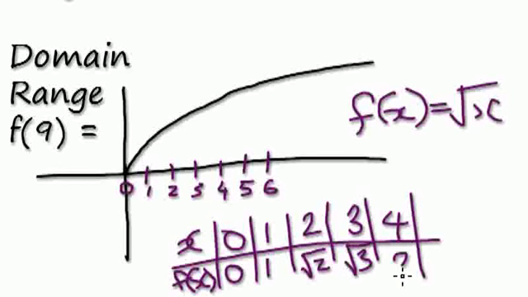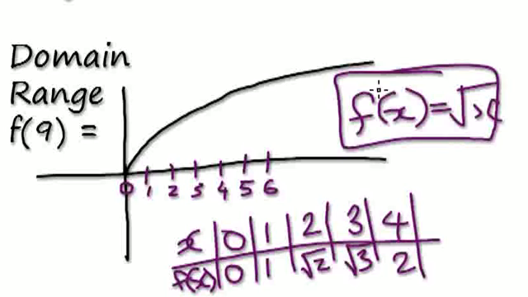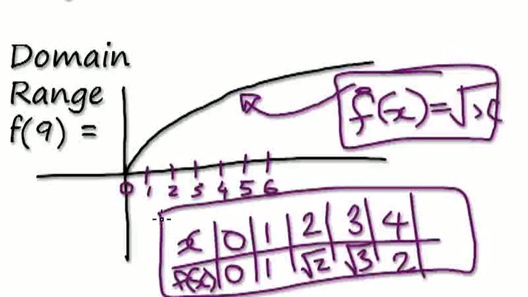When x is 4, it's actually 2 because the square root of 4 is 2. So now you see this graph here. This function will create this graph, because from here you would create a table like this, just so that you get a picture of what's going on. And when you plot it, it will look like this.